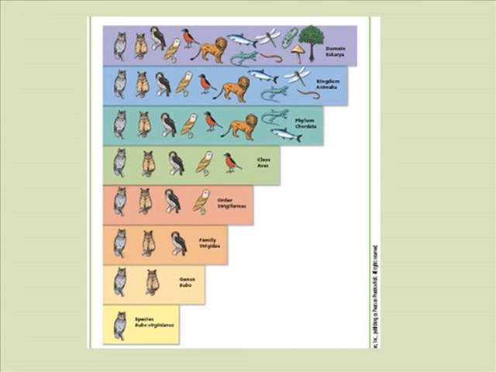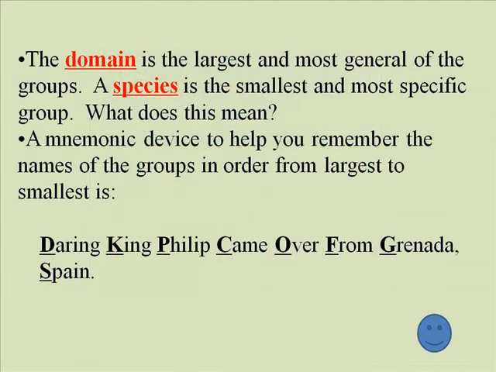So each type of living thing is going to have its own scientific name, and we'll have this entire 8-level breakdown. So the domain is going to be your largest and most general. You're going to have lots of different types of living thing in that group. Your species is going to be the smallest and most specific. So once you reach the species, again, we're talking about just one type of living thing in that group.